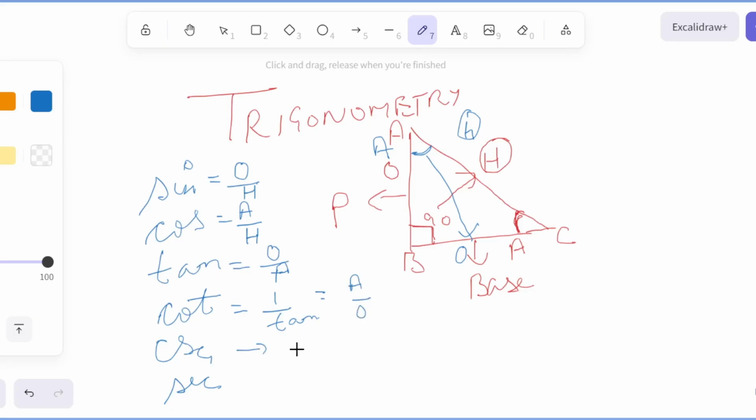Cosecant is 1 upon sine, so its ratio will be the reverse of sine, h upon o. Secant is 1 upon cos, so the ratio will be the inverse of cos, that is h upon a.